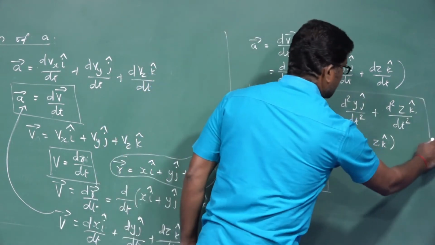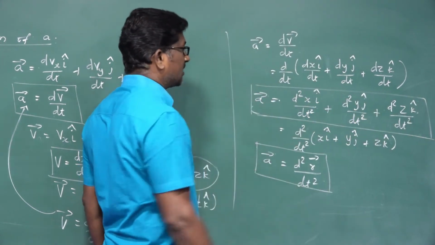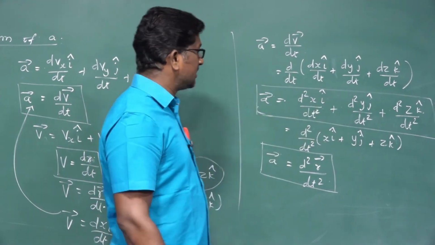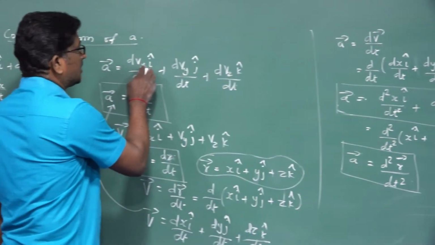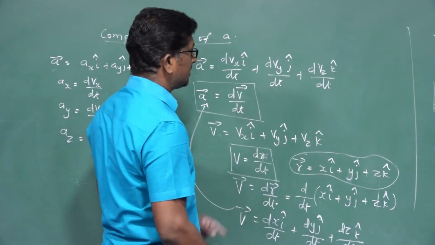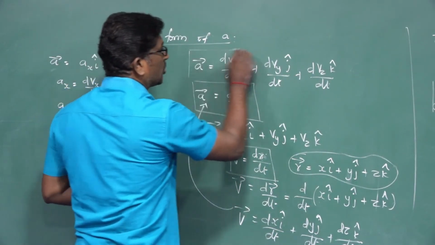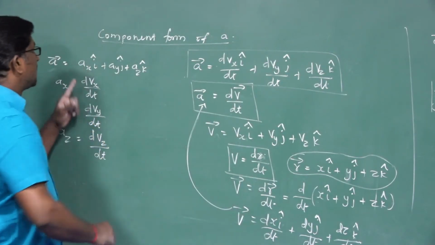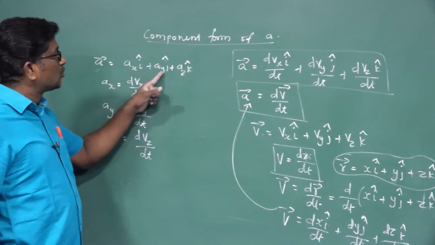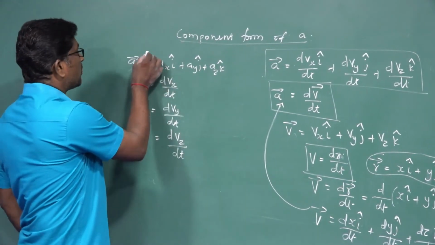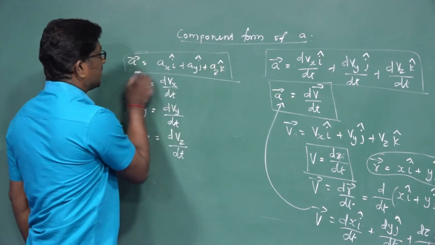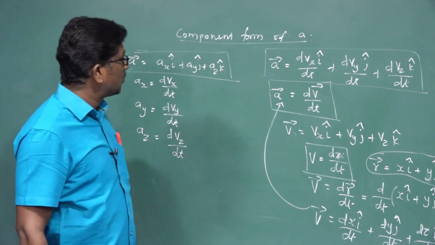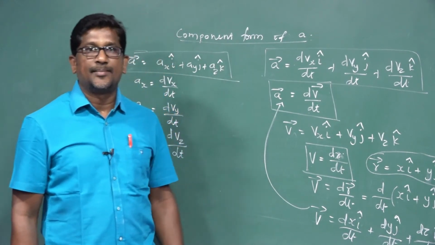So this is in terms of position along the x-axis, y-axis and z-axis. This is velocity along the x, y and z axes. In the case of acceleration along the x, y and z axes, the component form is a vector equal to ax i cap plus ay j cap plus az k cap.